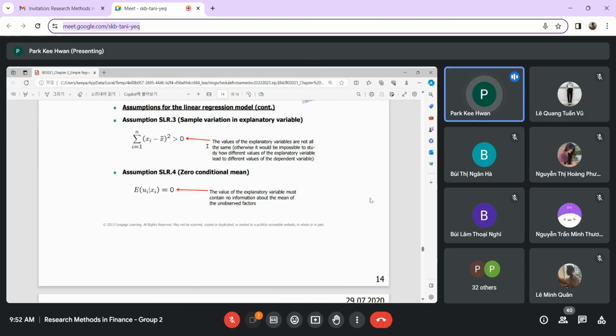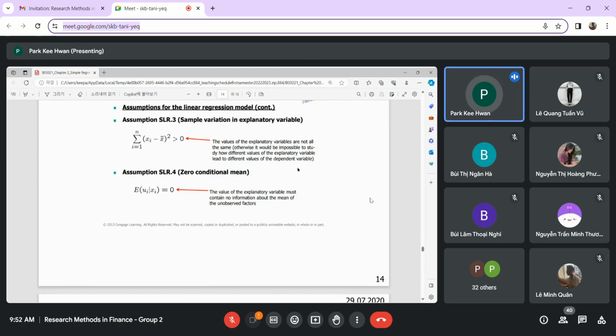Then in such a case, we cannot estimate, because the values of the explanatory variable are all the same. If they are the same, it would be impossible to estimate how a different value of the explanatory variable has a different effect on the dependent variable.